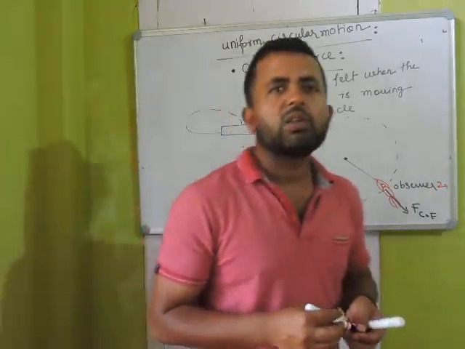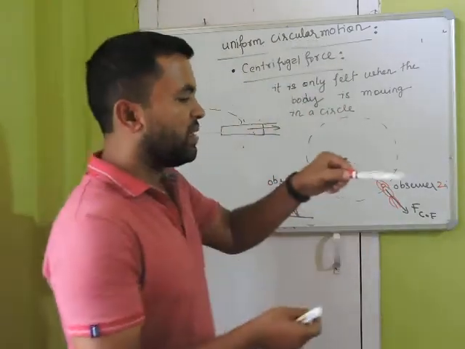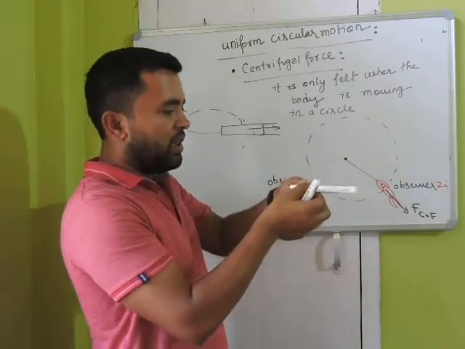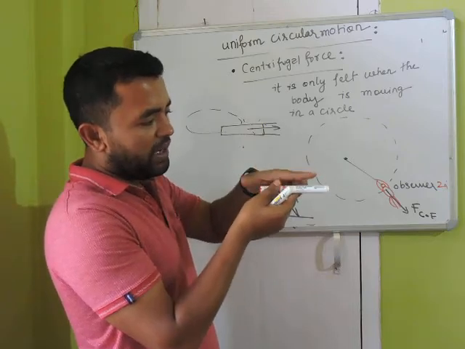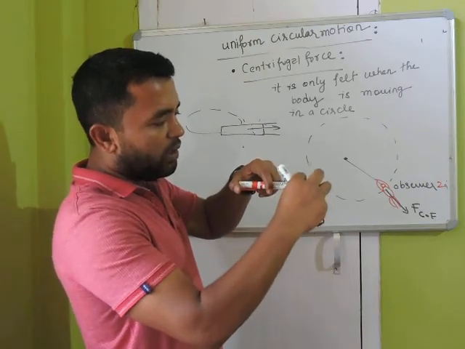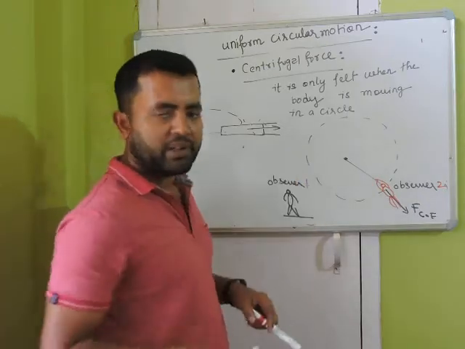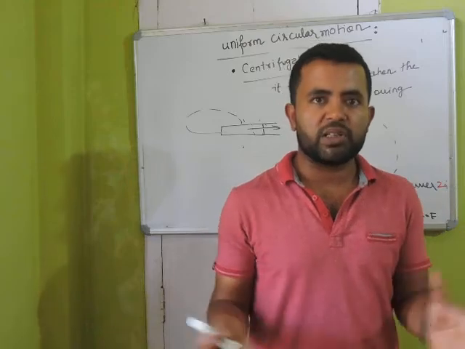Just imagine a test tube filled with two kinds of liquids or an emulsion. As you rotate very fast, due to centrifugal force, the lower density and more dense material will be separated.